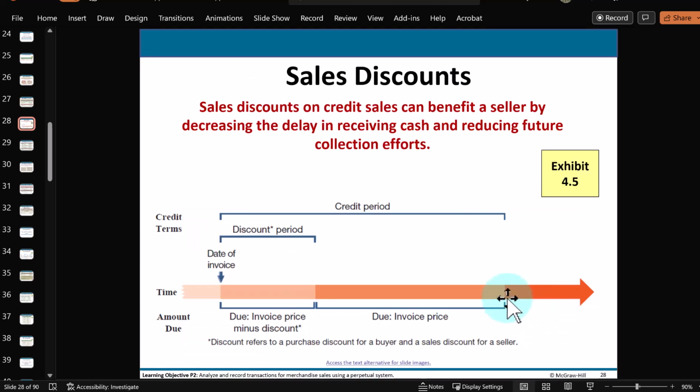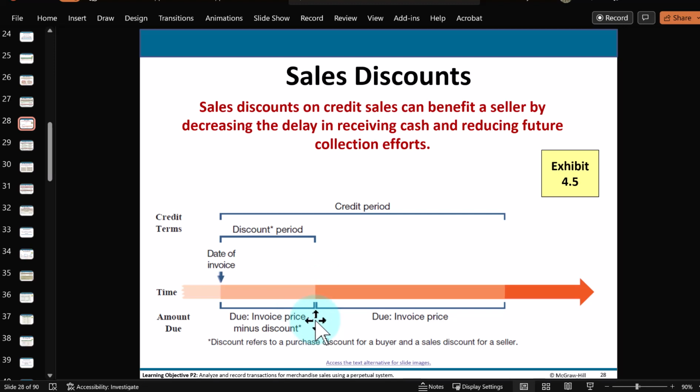So when we sell, we can give terms to our customer to pay off the bill. So let's say we sell it over here and then we wait maybe a whole month, 30 days, and collect it down the line. But if we want to motivate our customers to pay off their bill early so we can get some cash to pay off our bills, maybe we'll have them pay off early here and give them a sales discount.